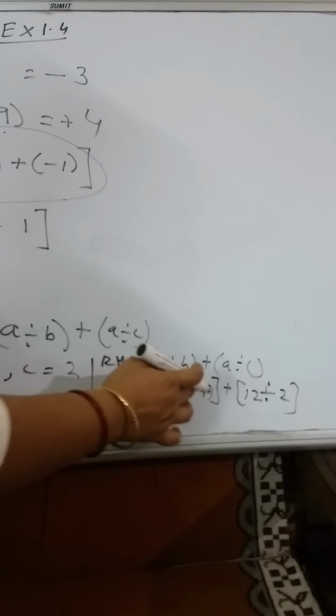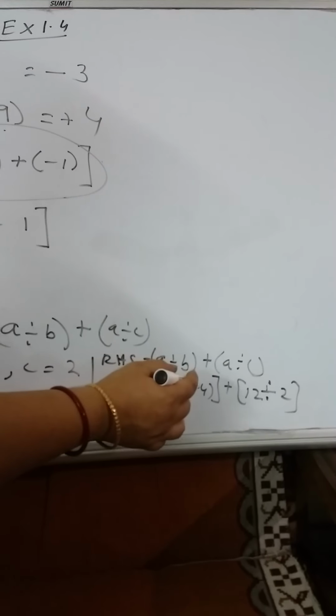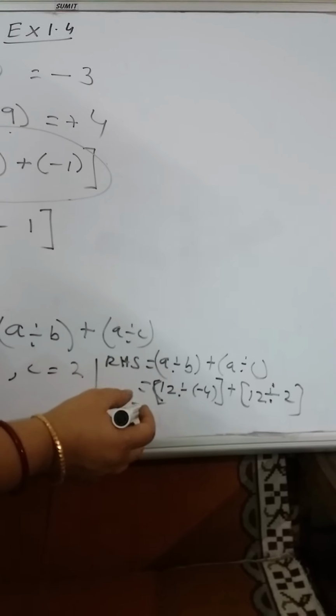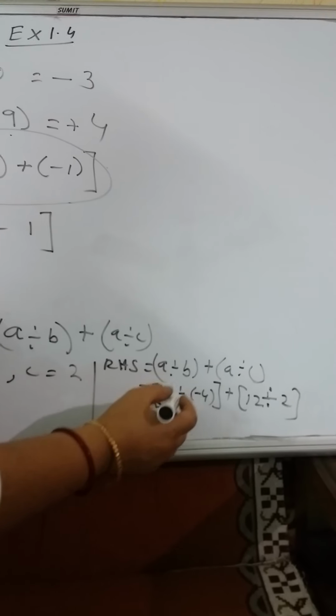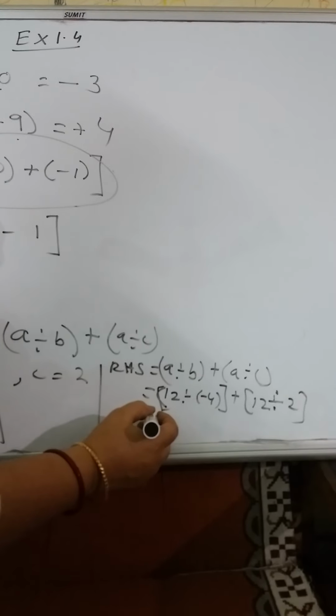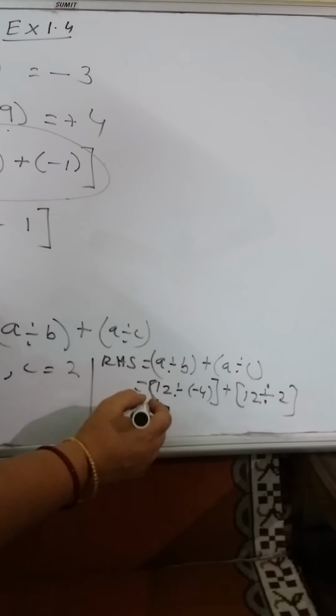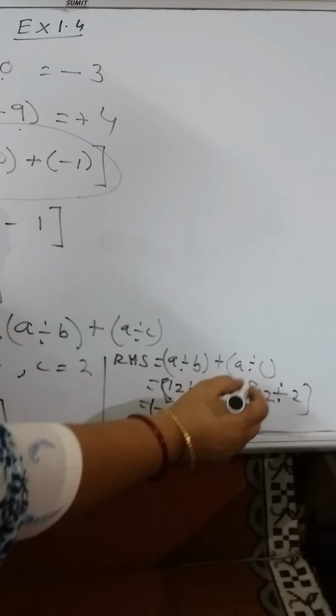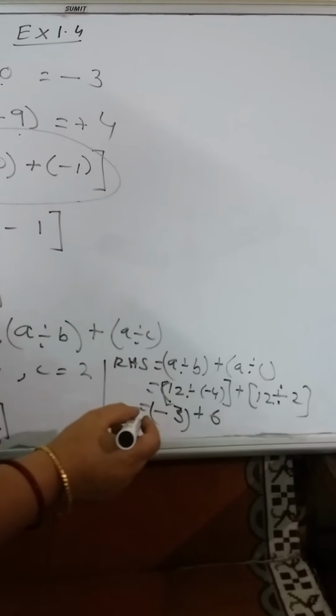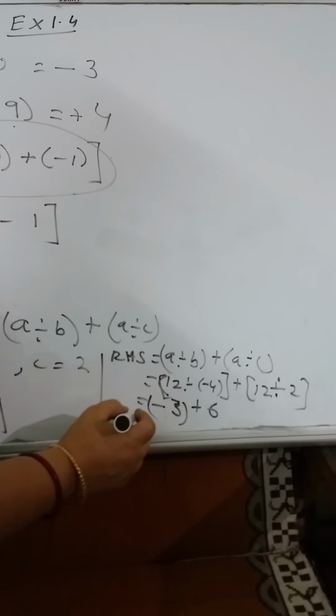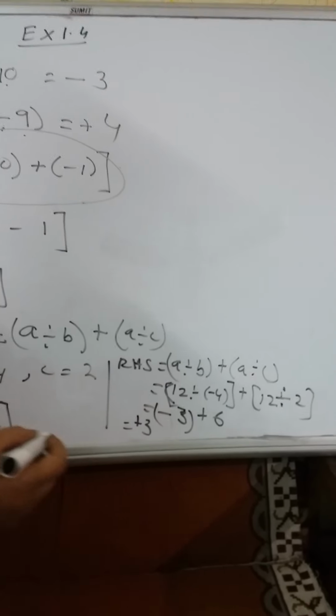Now 12 divided by minus 4: one is plus, one is minus, so your answer will have a minus sign. 12 divided by 4 is 3, so the answer is minus 3. Plus 12 divided by 2 is 6. So minus 3 plus 6 is plus 3.